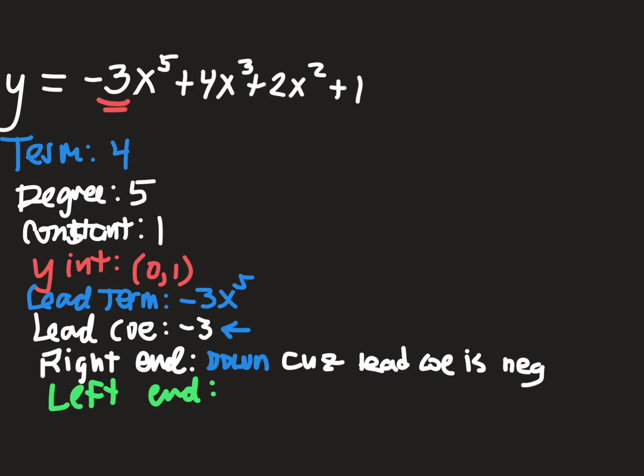So if I'm sketching this little graph out, so far I have a y-intercept of 1, and I know it's going down because the lead coefficient is negative. That means this side of the graph is going to go down. The other side of the graph is either going to be the same as that, going down, or different than that, which should be going up.